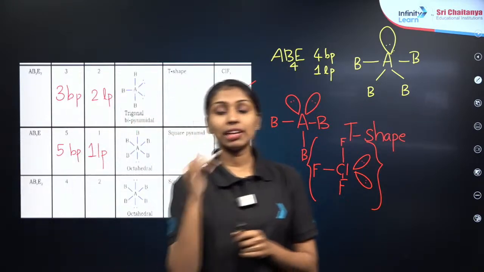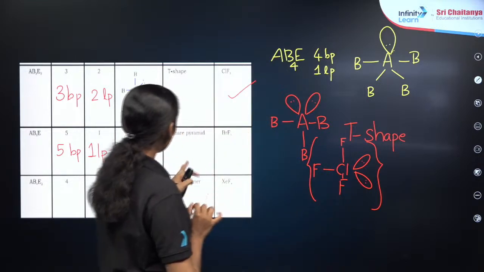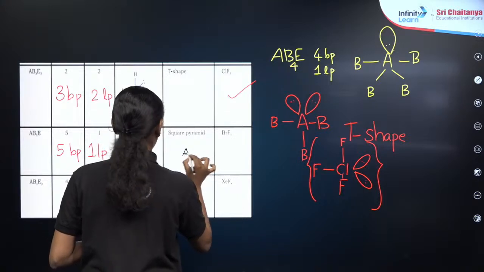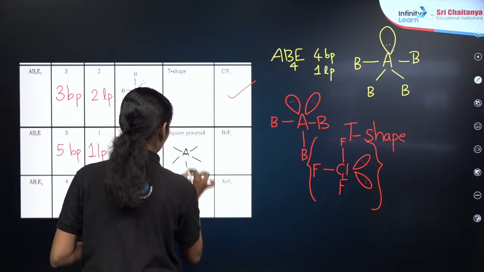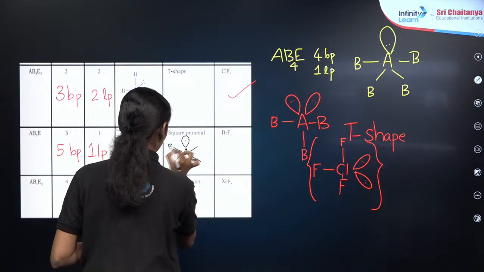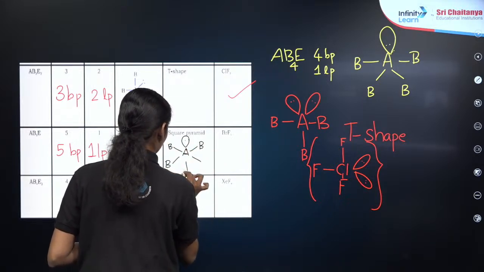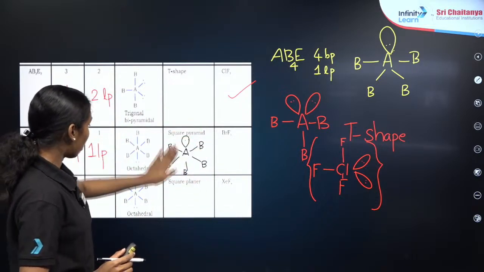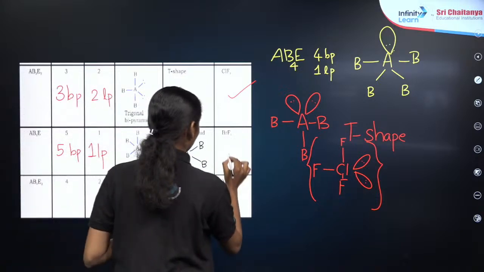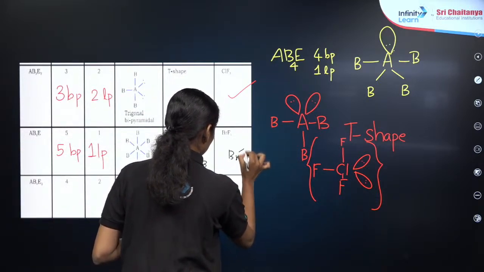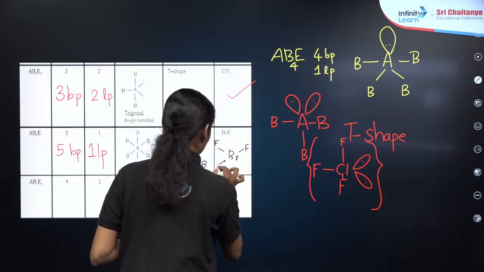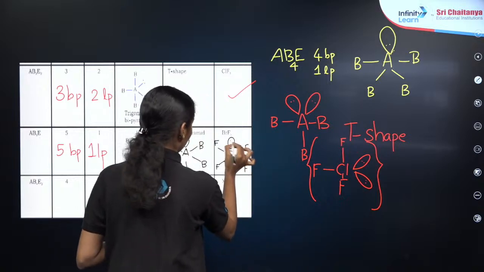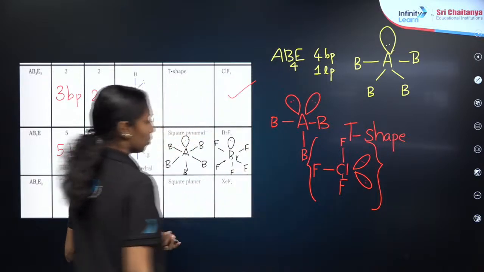But in actual practice, whenever we consider the bond pairs only, the shape will become square pyramidal. We are just ignoring the lone pair, then it will become square pyramidal. For example, BrF5. Clear?